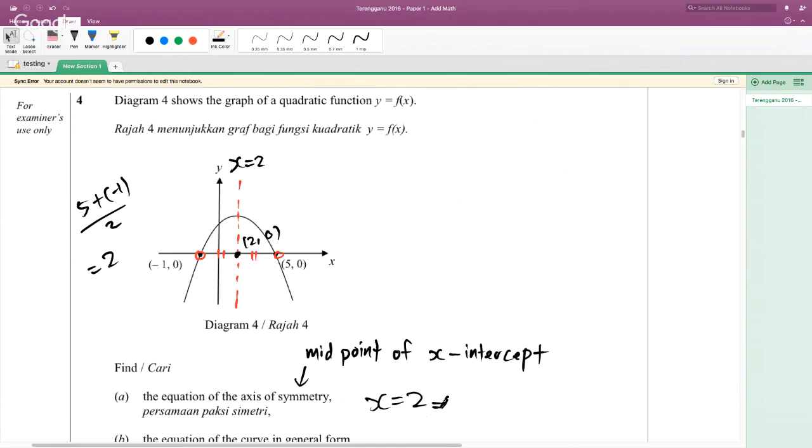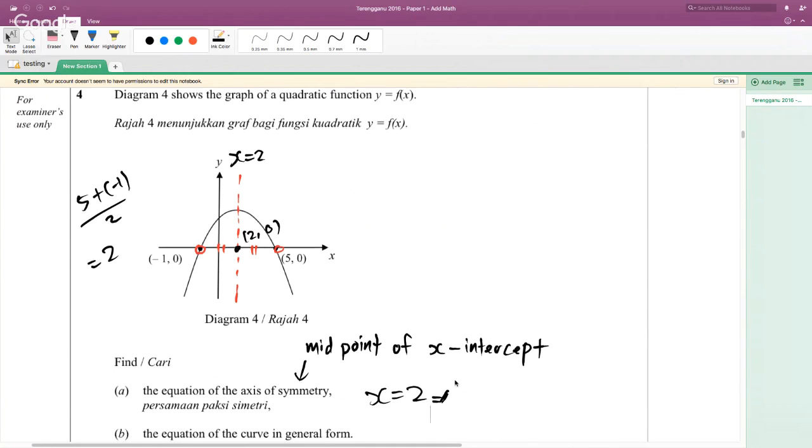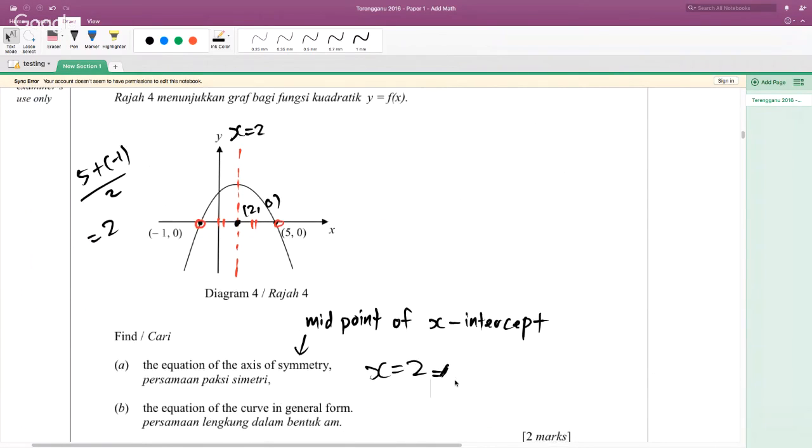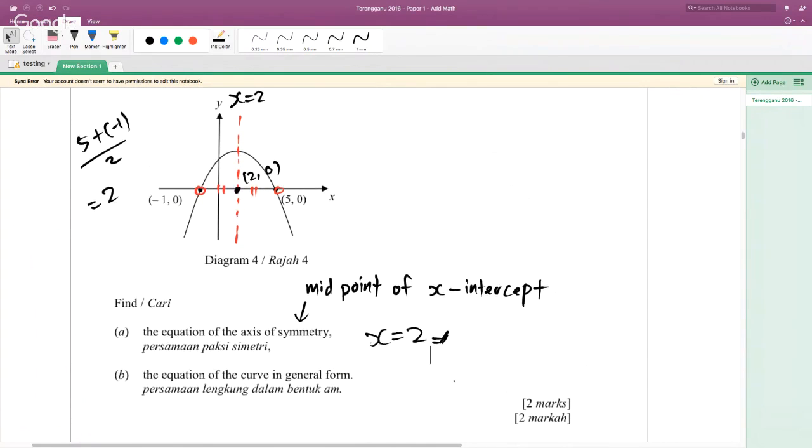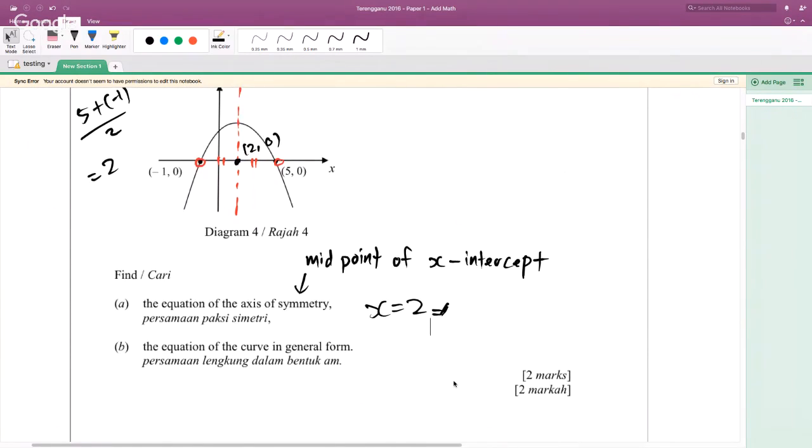Okay, then the equation of the curve in general form. In order to do this, since I have the x coordinates already, maybe I can just use them. I know x equals negative 1 and x equals 5, right?